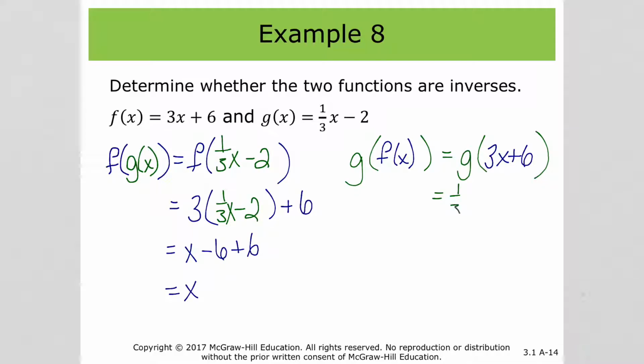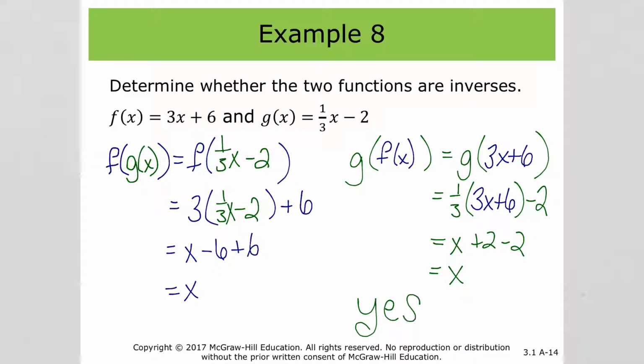And so we've got 1/3 times 3x plus 6 minus 2. Distribute the 1/3, so we've got x plus 2 minus 2, that gives us x. So that means that yes, these functions are inverses of each other. Okay?